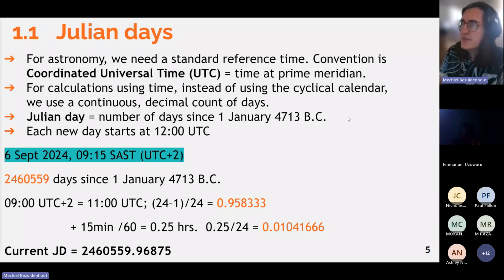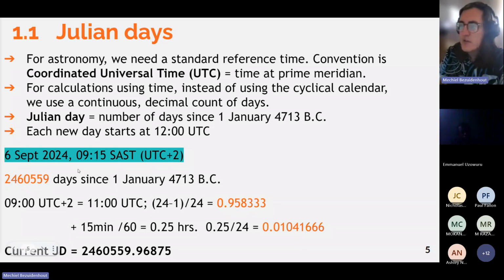Don't ask me why they chose that particular date. It was pretty arbitrary, I think. But we've counted the number of days since that, and that gives us the Julian day. And then each new day starts at 12 UTC, so it starts at noon rather than at midnight. And then you can have a decimal value as the day progresses.